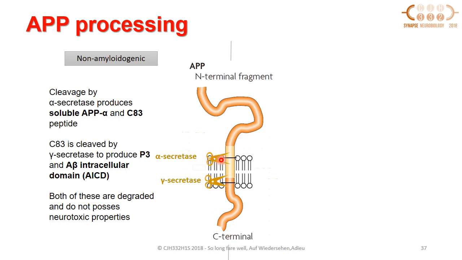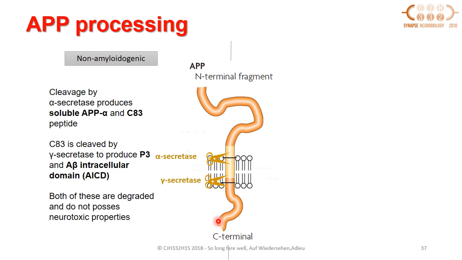C83 in turn, after alpha secretase has cut, is also susceptible to being cleaved by another enzyme known as gamma secretase. These are again endogenous enzymes that we find within our cells. And as a result of this cut, we will have what is known as P3, a smaller fragment here, and then another intracellular domain known as AICD.